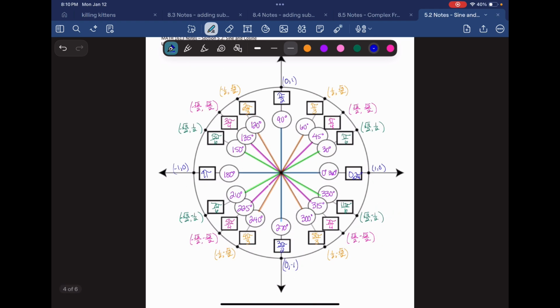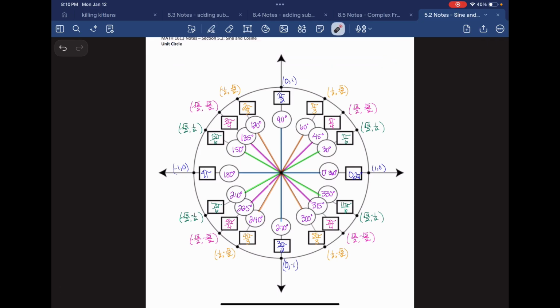I even color-coded it a little bit. So my quadrantals are all in blue. My pi over 6 is green. Pi over 4 is pink. Pi over 3 is orange. Even highlighted.